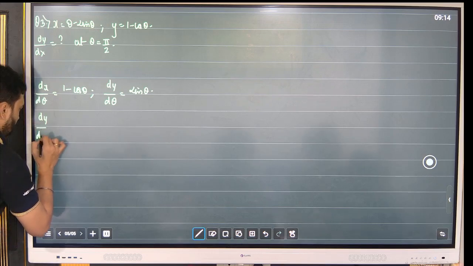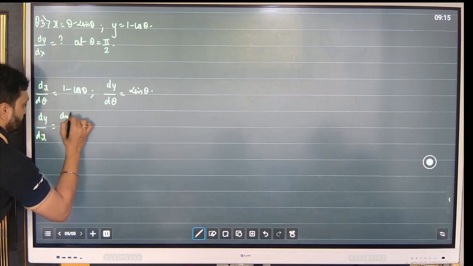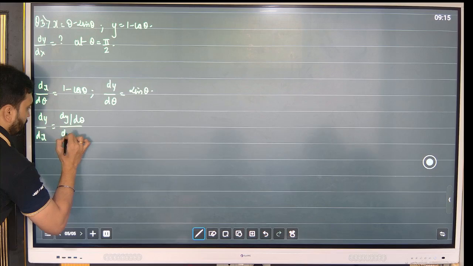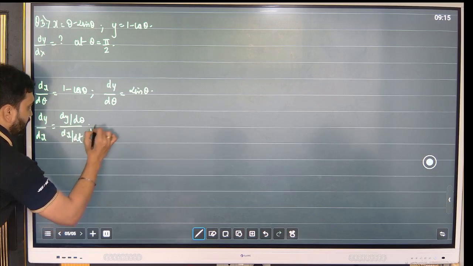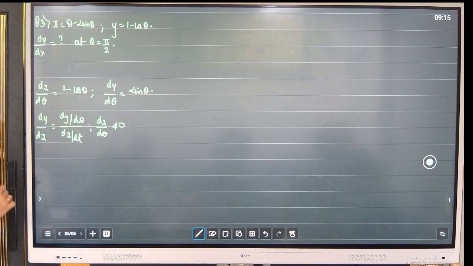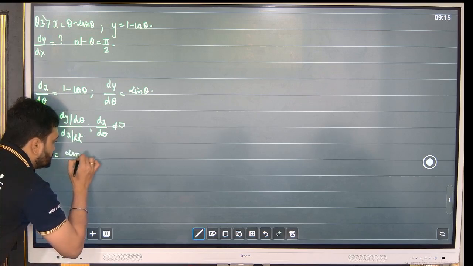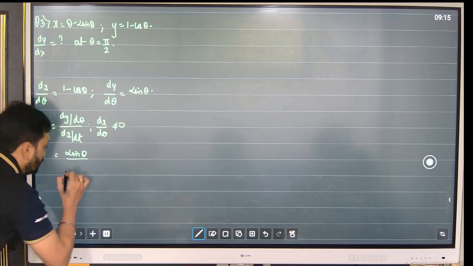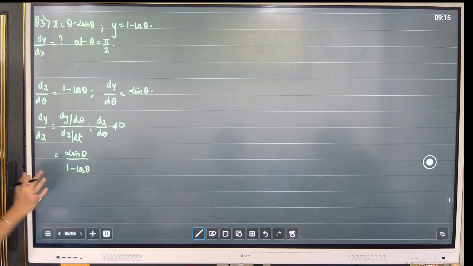Therefore, dy by dx is equal to dy by d theta upon dx by d theta, where dx by d theta is not equal to 0. That is sin theta upon 1 minus cos theta. Now, you can directly substitute the value here also. Not a problem. You will get the same answer. But just for practice, let's try using half angle.